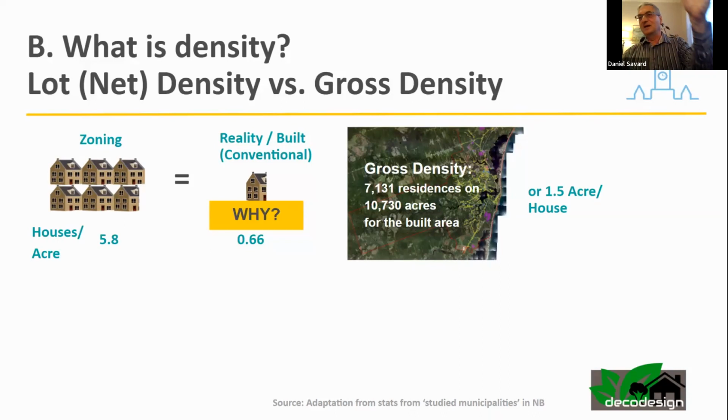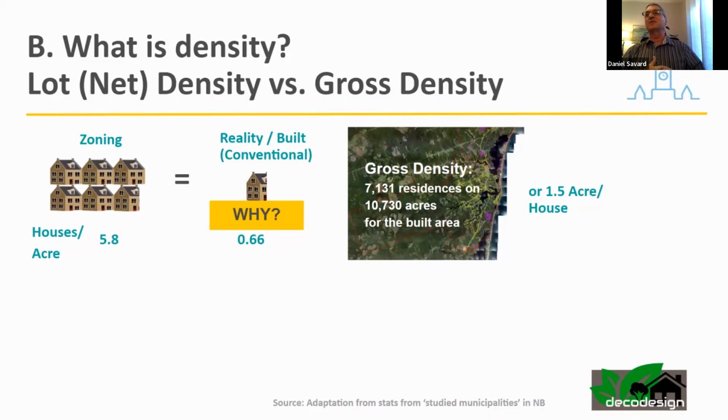And this is a picture of a small community up north in New Brunswick. They have 10,730 acres for the built area, and they have only 7,100 residences on that.